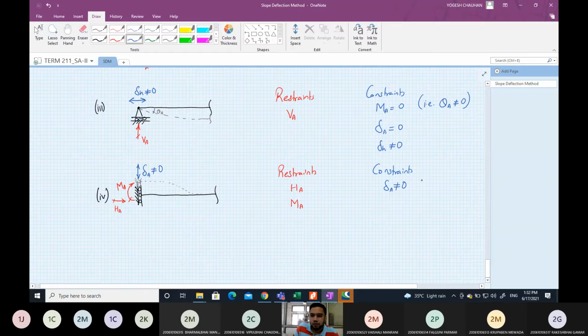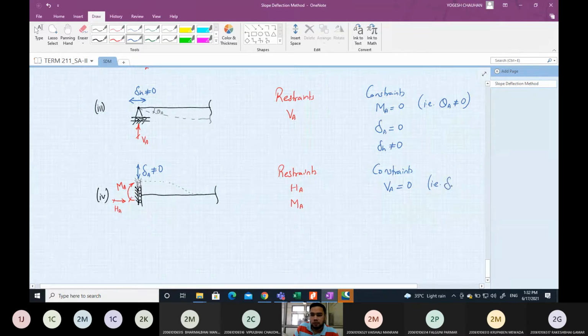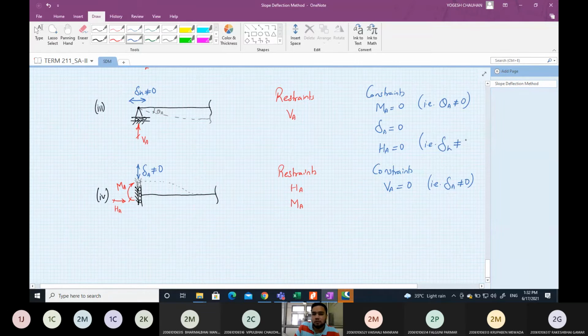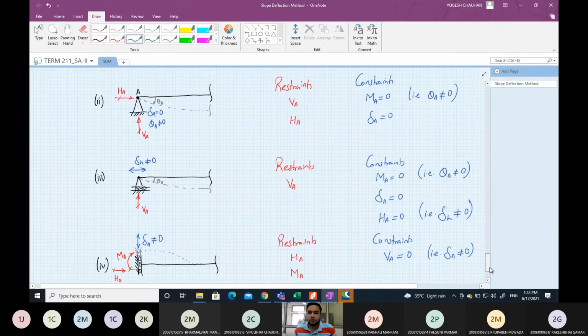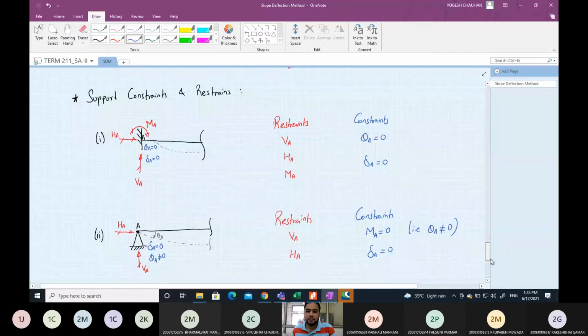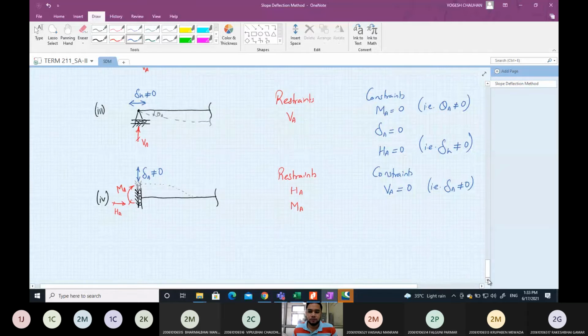That means, or we can say, your vertical reaction VA is equal to 0, that is delta A is not 0. Same way you can write here HA equals 0, that is delta H is not 0. Okay, so these are the various support constraints and restraints offered by different supports.